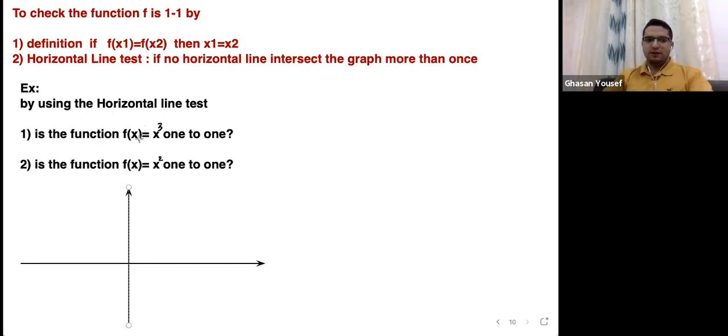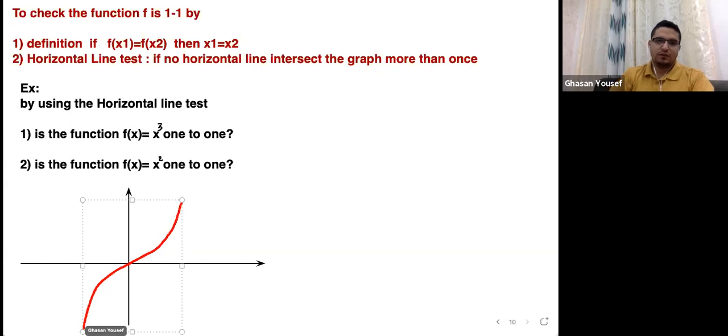The graph of the function f of x equal x cubed, as we learned last time at the beginning of section 2.6, looks like this. This is f of x equal x cubed.